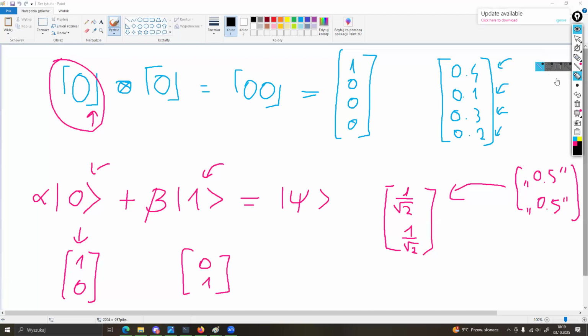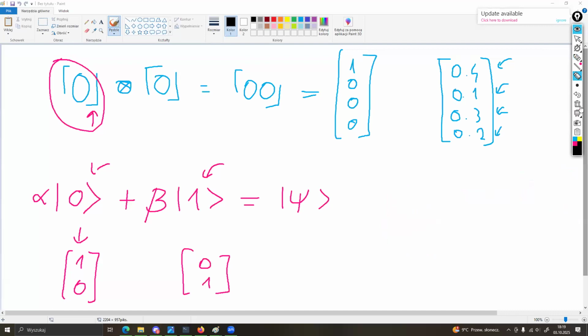I have told you about the different gates as well, right? So I told you about different gates, and one of these gates, or even two of these gates, you already know. Let me compress this notation slightly.